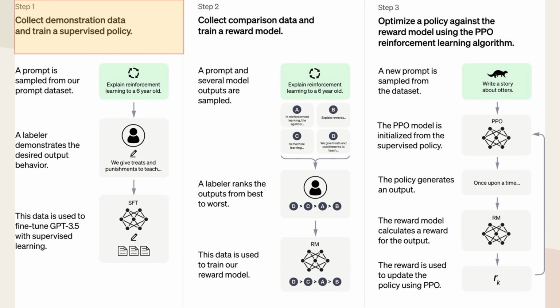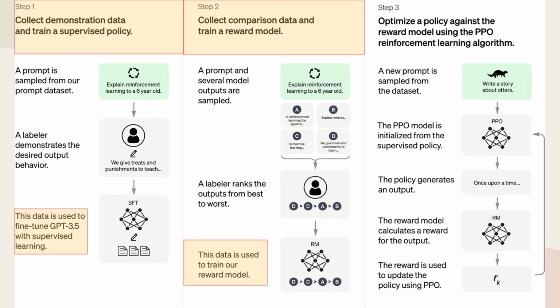In the first step, it collects demonstration data that includes the prompt and desired output, and fine-tunes the model on it in a supervised setting. In the second step, it collects comparison data and trains a state-action value model that takes a state and action and predicts the reward associated with such a state-action pair.